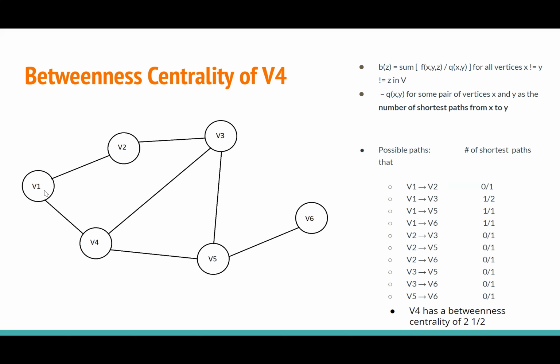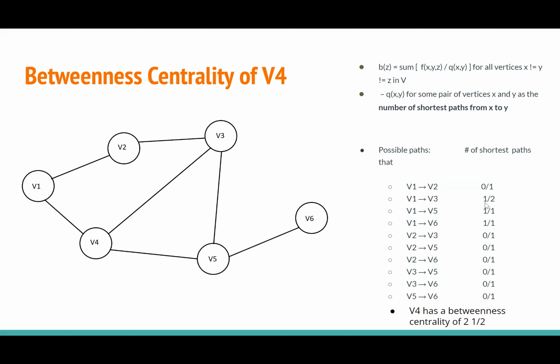Then to get from vertex 1 to vertex 3, there's 2 ways to go. You can go vertex 1, vertex 2 to vertex 3. That's successful. Or you can do vertex 1, vertex 4 to vertex 3. And because there's 2 paths available, there's a 2. And one of them includes vertex 4.